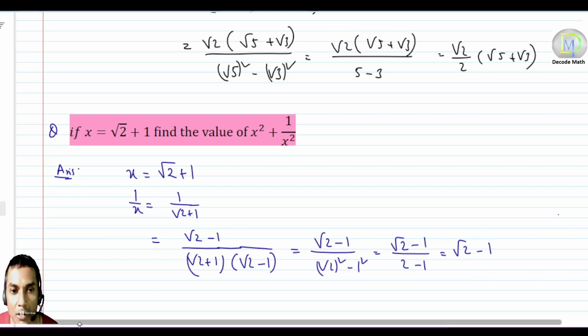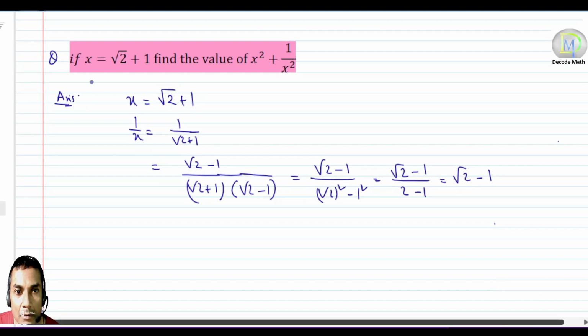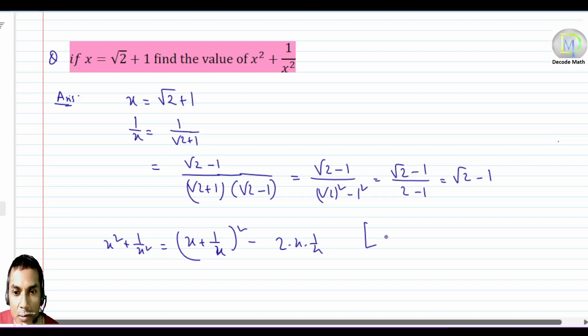Now we apply an algebraic identity for x square plus 1 by x square. We know that a square plus b square is a plus b whole square minus 2ab, so here it is x plus 1 by x whole square minus 2 into x into 1 by x. We know this formula.